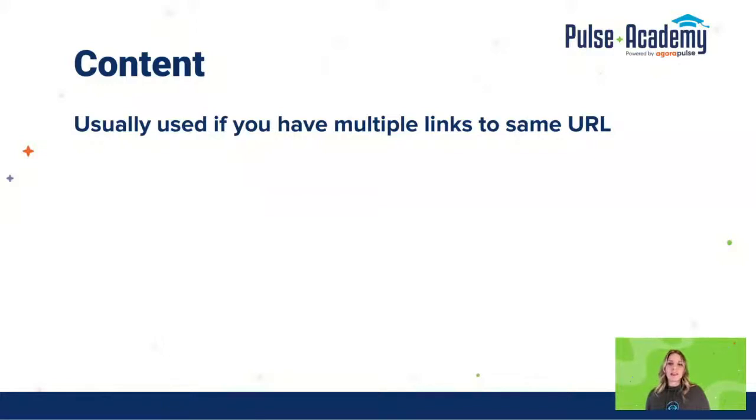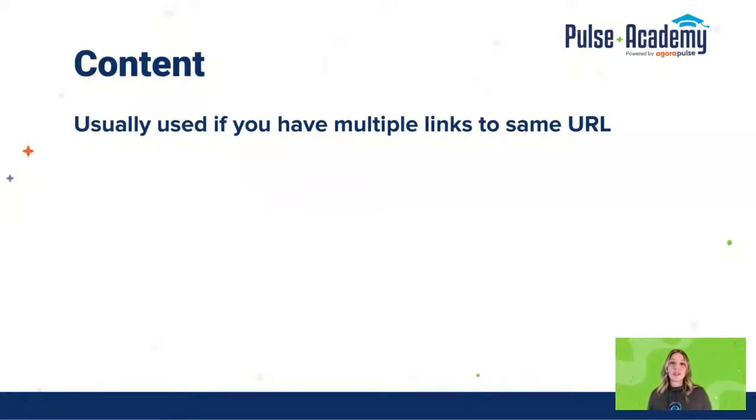Most marketers don't use this particular parameter, but it would be an optional field. So if you have multiple links in the same campaign, or two links in the same email that go to the same place, and you're wondering if the link at the top of the email performs better than the link at the bottom of the email, etc., you can use a content parameter.